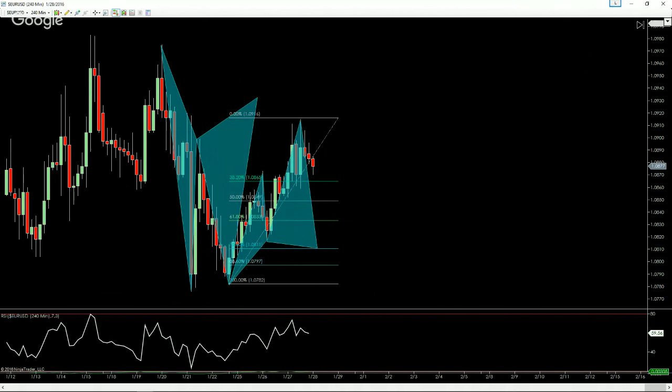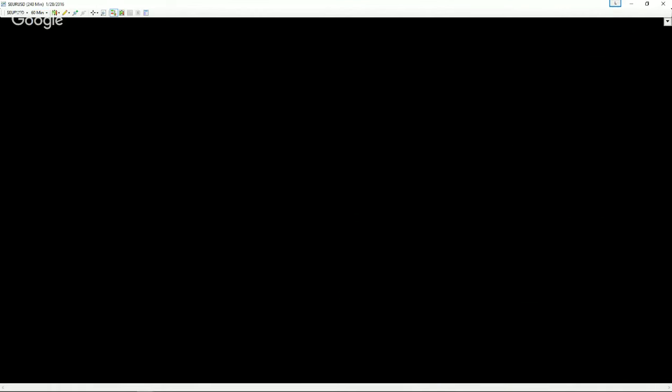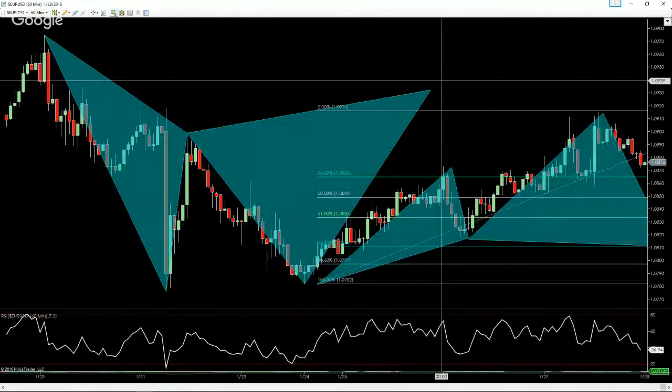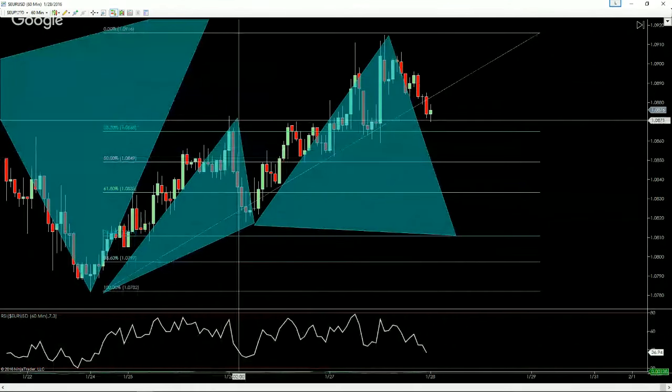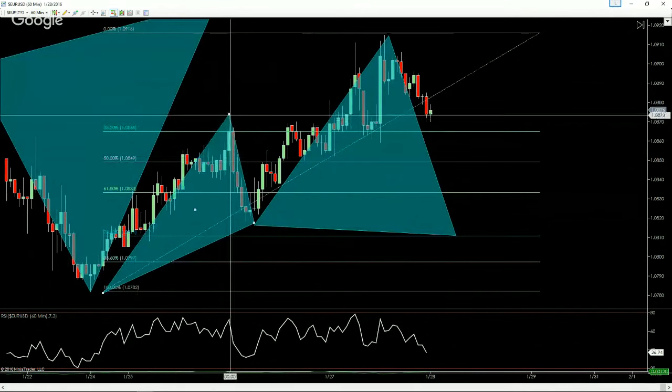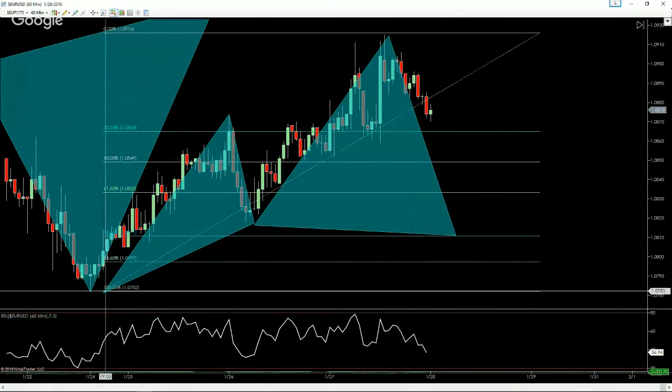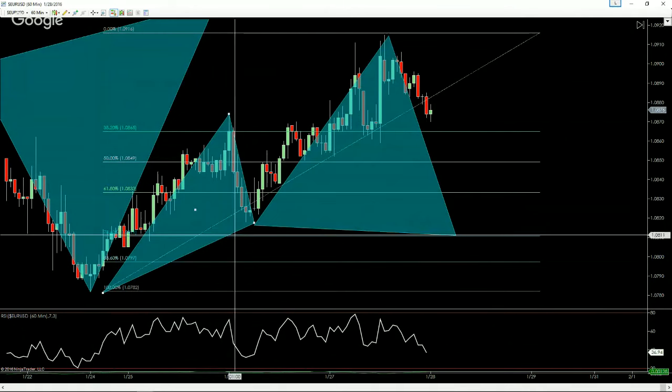So let's go down to our 1 hour chart. I think this cipher pattern is more of a 1 hour pattern.